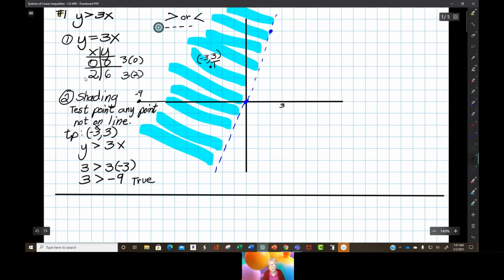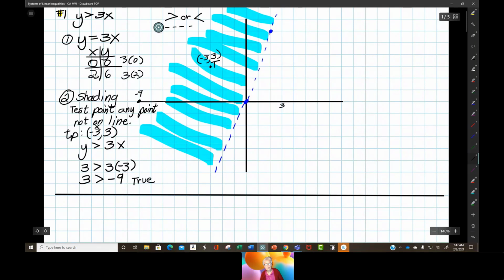The easiest, quickest way to do this is to just pick any 2 numbers in the universe for X. So I chose 0 and I chose 2. But then I had to find out, okay, if X is 0, then what is Y? So I had to actually take X equals 0 and put it in for X and calculate what 3 times 0 is, and that gave me my Y coordinate.